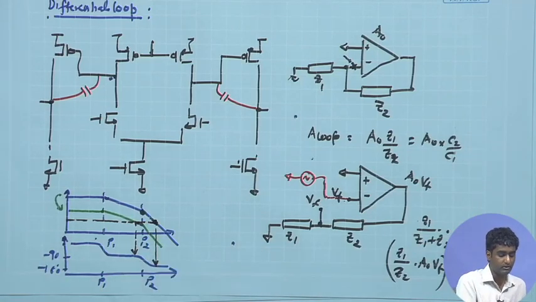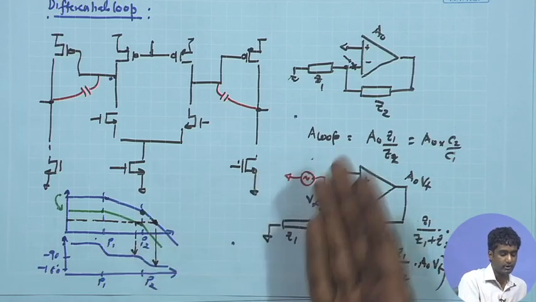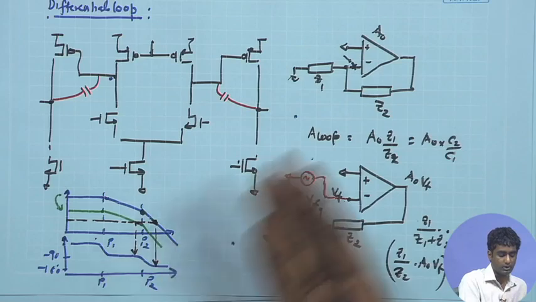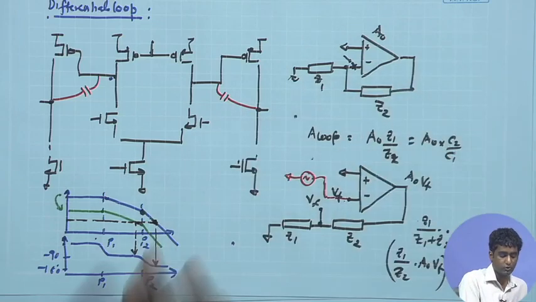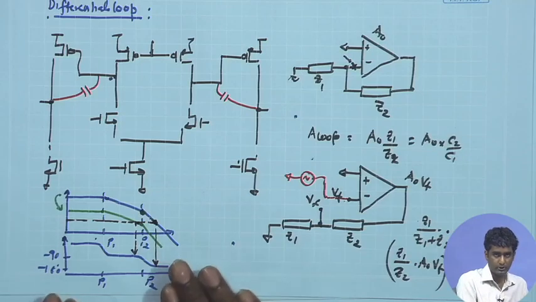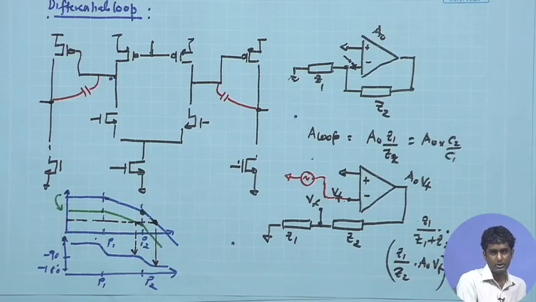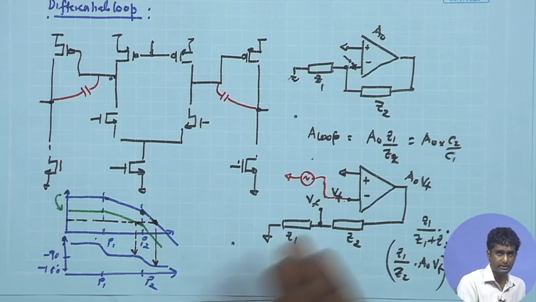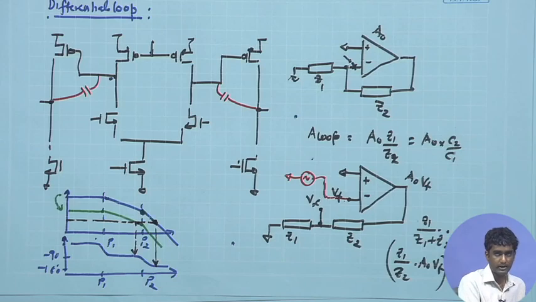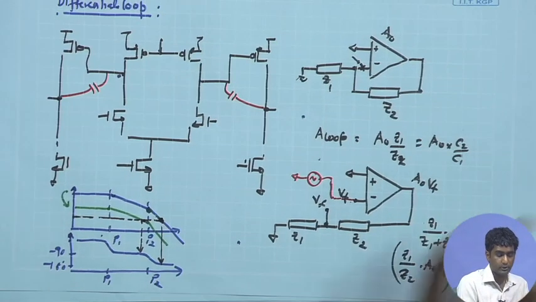Therefore, it may be better to decouple these two compensations and have more aggressive compensation for the common mode loop than for the differential loop. This is just one point before we go into other amplifier topologies through which we can compensate the common mode loop and differential loop separately. We will look into that, but this is just to notify you of that point.